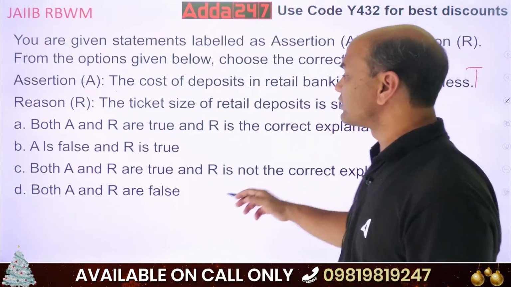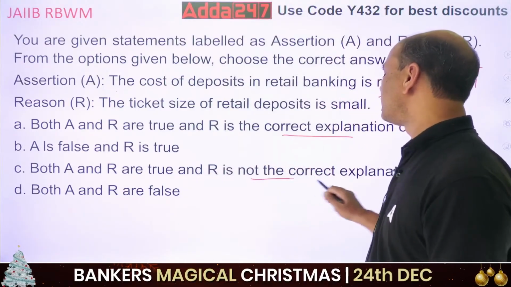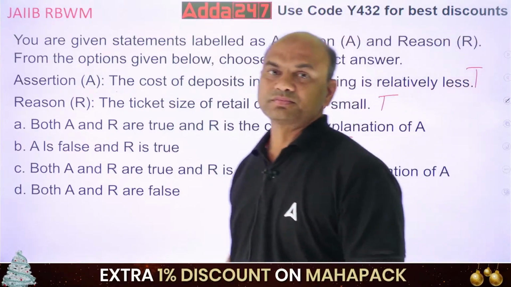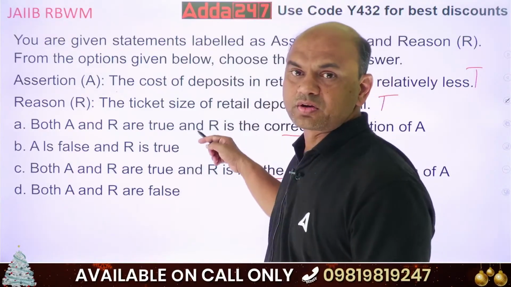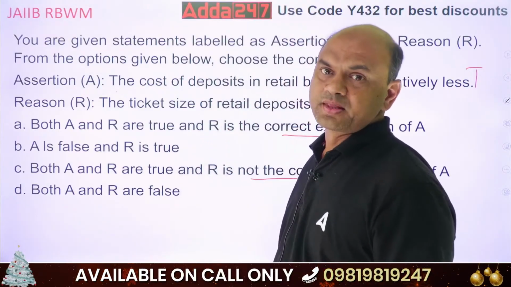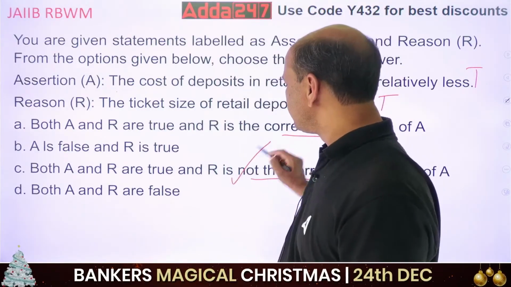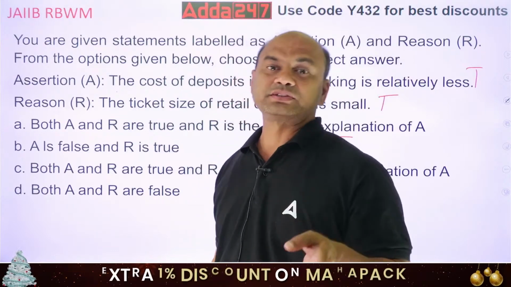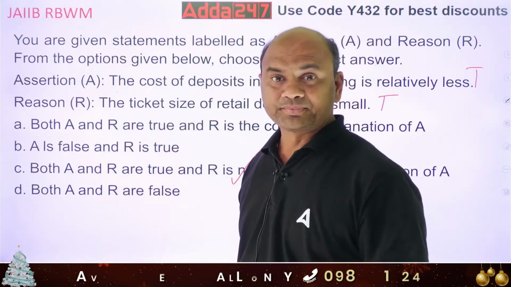But now the real question is: is R the correct explanation or not? What do you think? Here we are talking of cost and here we are talking of ticket size. These two are not related to each other. So the answer over here will be: A and R are true, but R is not the correct explanation of A. Why?